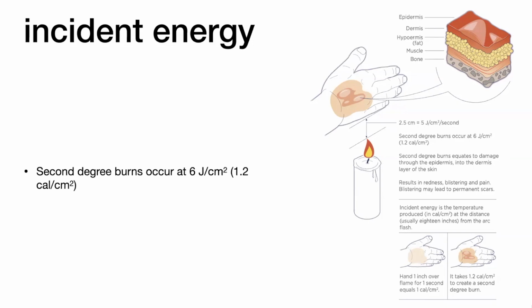It's equivalent to holding your hand about 2.5 centimeters above a candle for 1 second, which will give you a burn of about that cal level. So that's what we're trying to avoid, that when you're working on electrical equipment or operating it, you can receive burns from an arc.